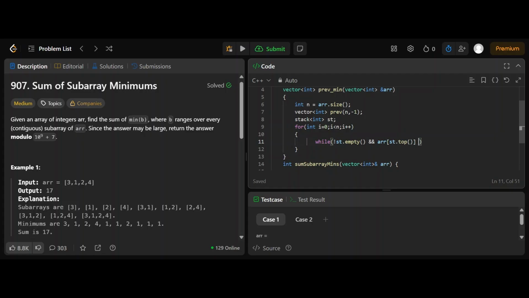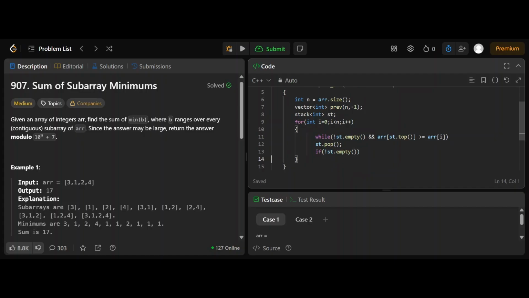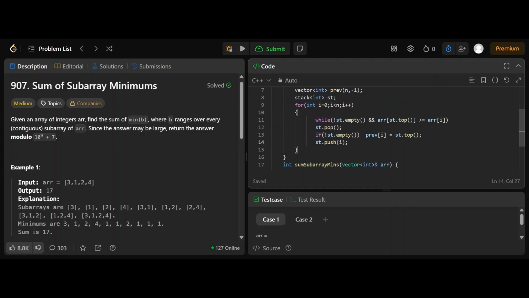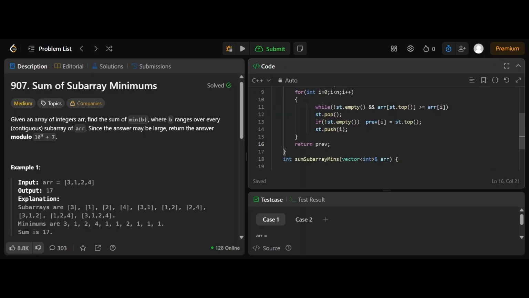So while array of stack dot top is greater than or equal to the current element, we will remove it. If not stack dot empty, previous of I is equal to stack dot top. Stack dot push I, and we will return this previous array.